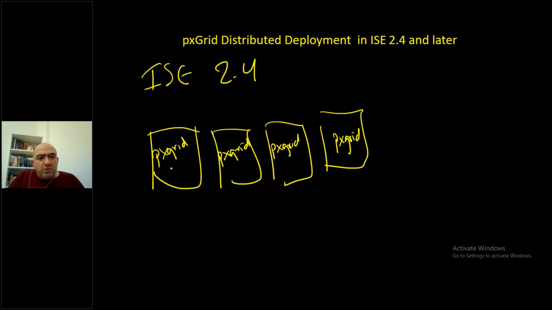So it will be with the PSNs, but I can have up to 4. This is the maximum number. Before ISE 2.4, it was 2 only. Now we can have 4. And similar to PSN, they don't have this concept of primary, secondary. They are all active. It's an active failover solution.